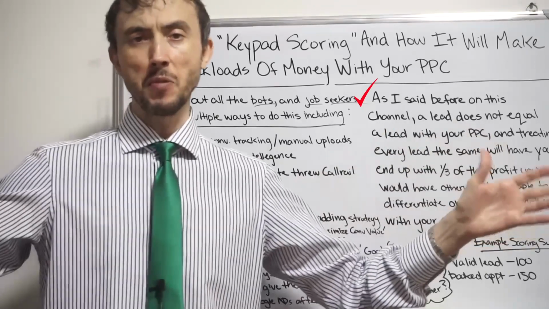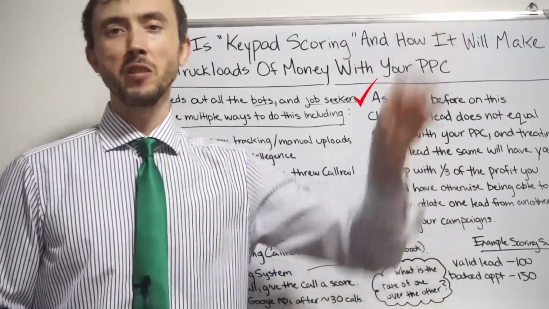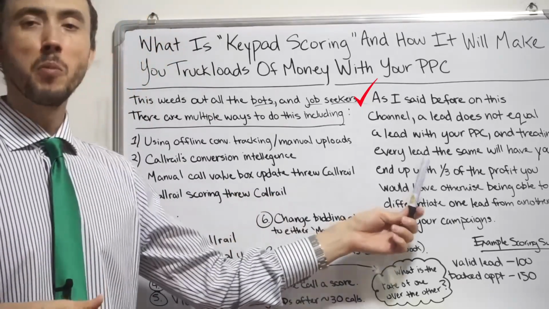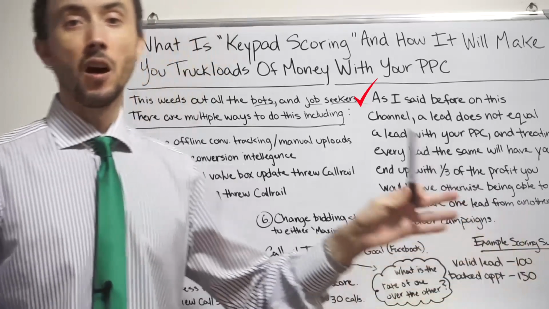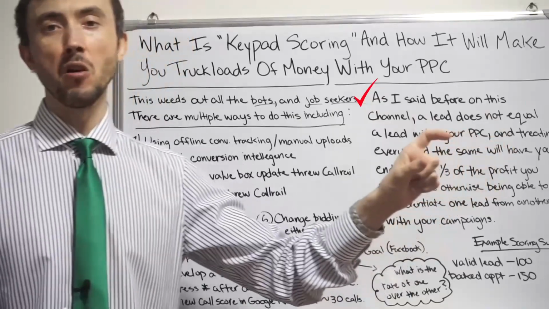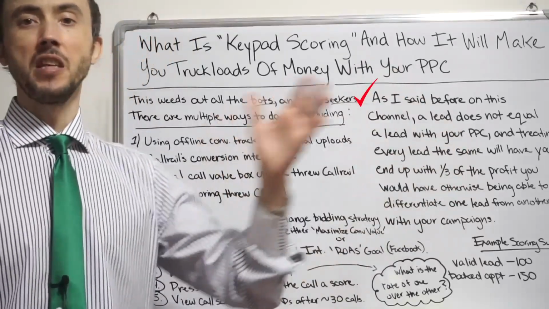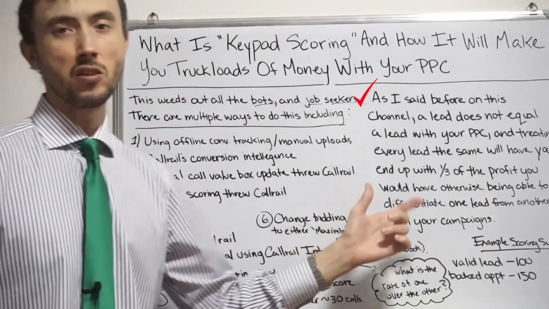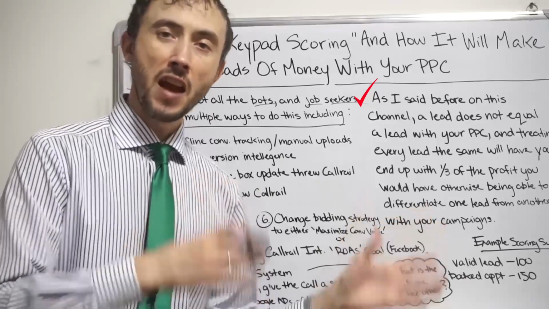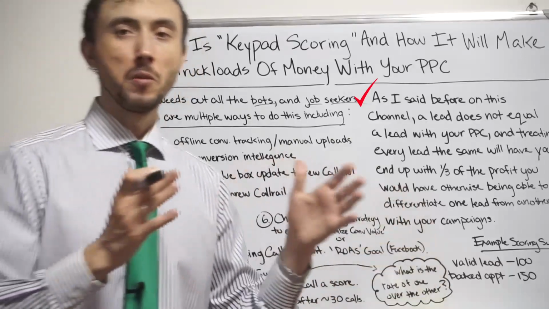But there's so much disparity between what the value of one type of call that comes from one keyword or one audience versus what another lead is that comes in off of a different keyword or audience, that practically speaking, you are going to end up with a third of the profit or even less of what you would have ended up otherwise if you would have took what you probably already inherently know about one lead being different than another lead, or one keyword being different than another keyword, and used that to actually steer your account, versus just winging it, not putting together the system so that your ad account can actually improve based upon the right data that you need, i.e. traffic that's driving you profit.